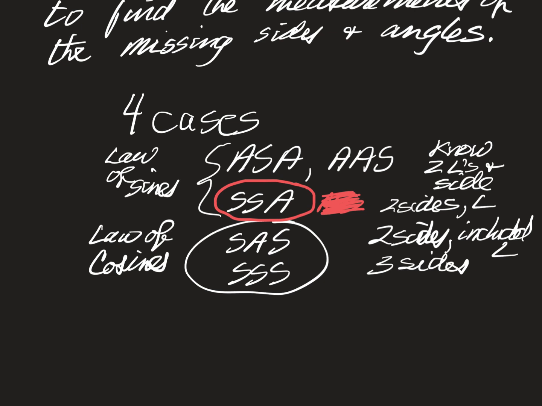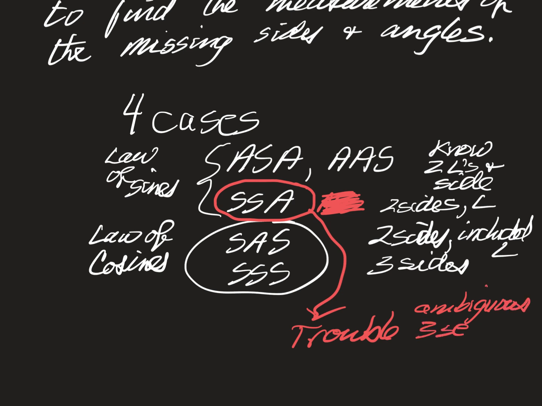But in all seriousness, if yours spells a bad word, then that means that this case is trouble. All right? In fact, it's called the ambiguous case, and it has three separate situations.